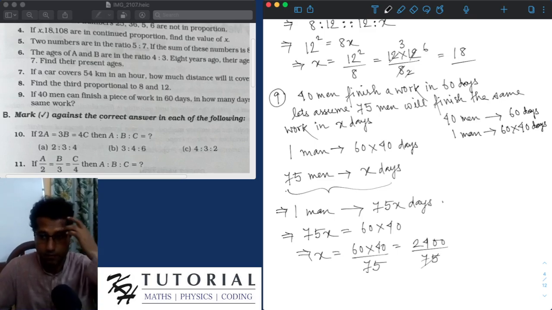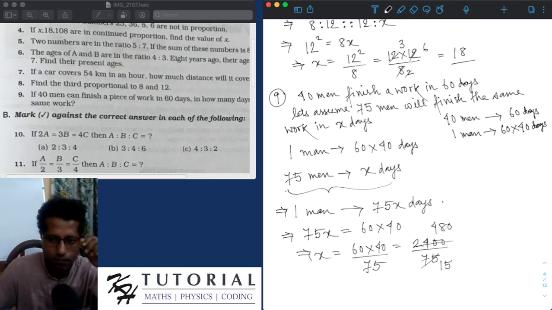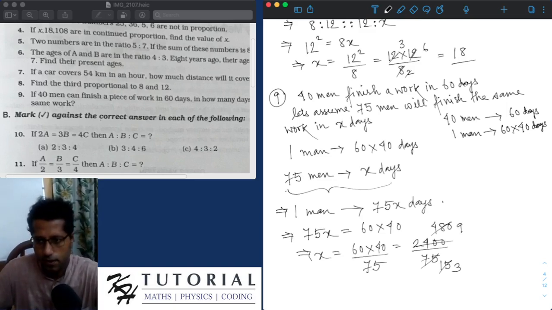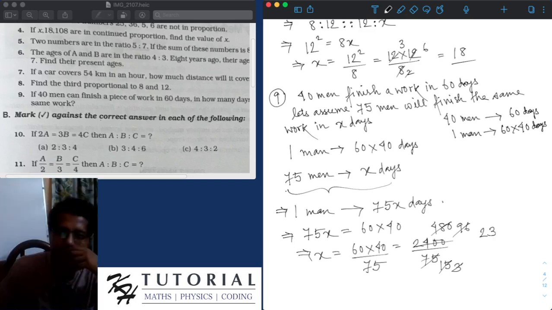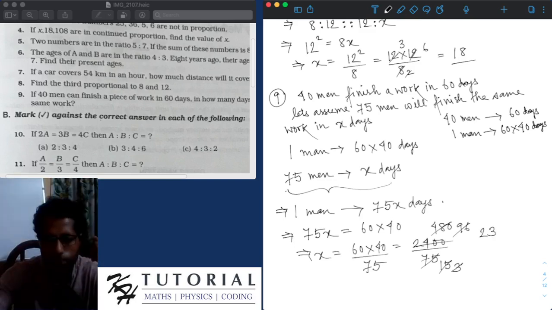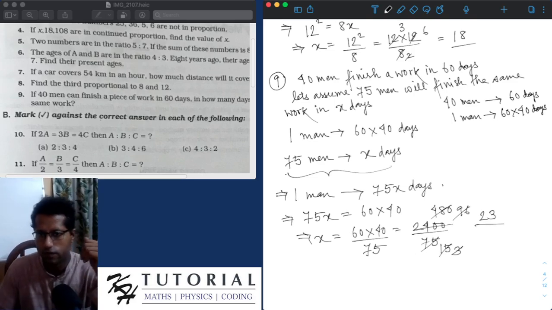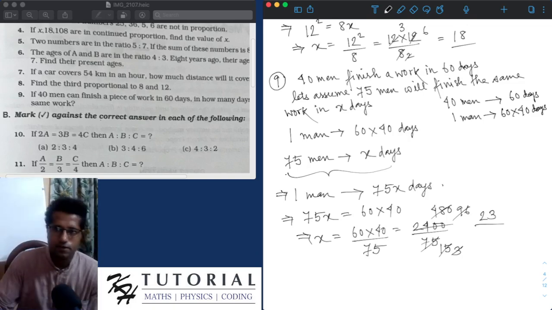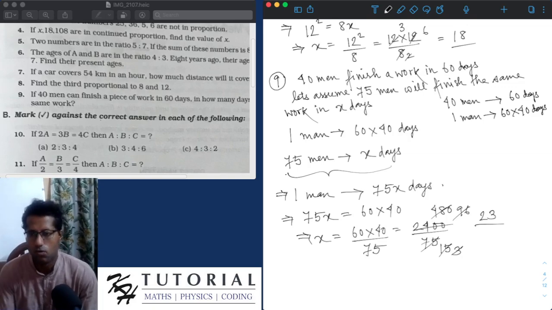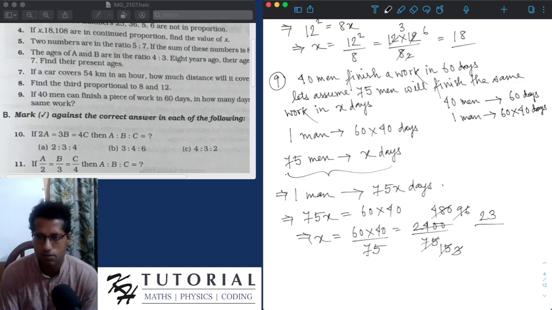If you divide by 5, it is 15 and 480. If we again divide by 5, this is 3 and this is 96, and this is 23. Okay, so 23 days. So 75 men will finish the same work in 23 days, which makes sense because more men will complete the job in fewer days.